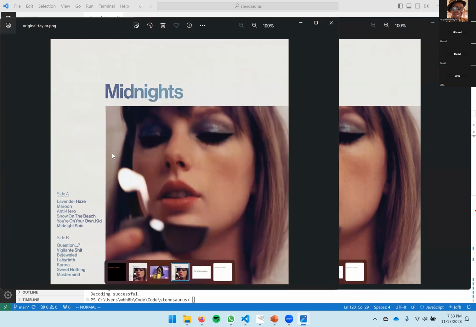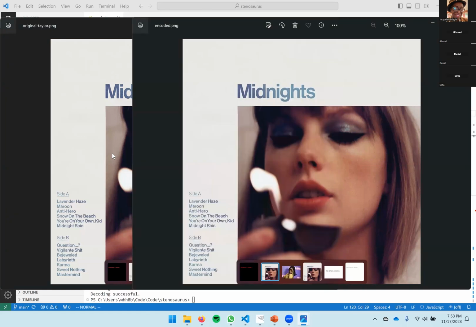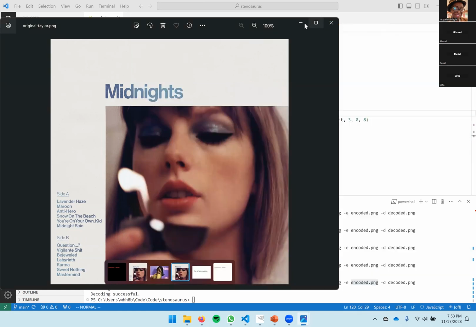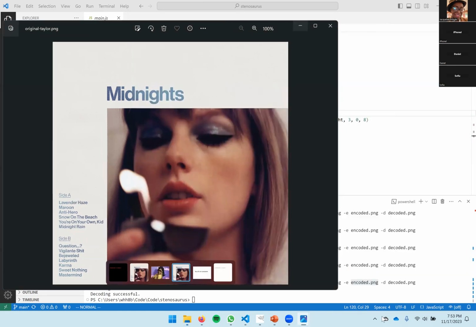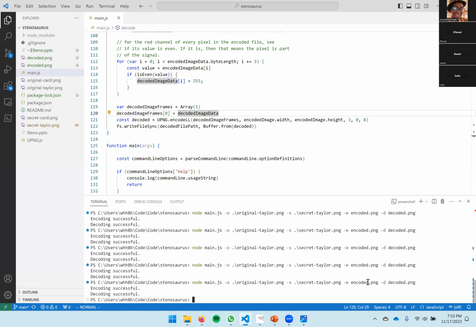Okay, well, that's great. And that would only be useful if we can actually get back the original hidden message. So our software said that we encoded, we hid the image in there. And then we said, well, let's pull it back out and put it in here.